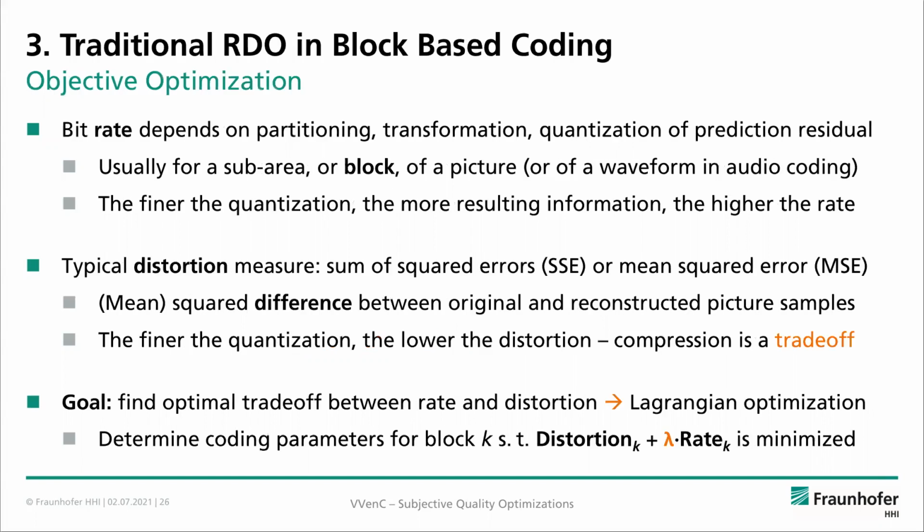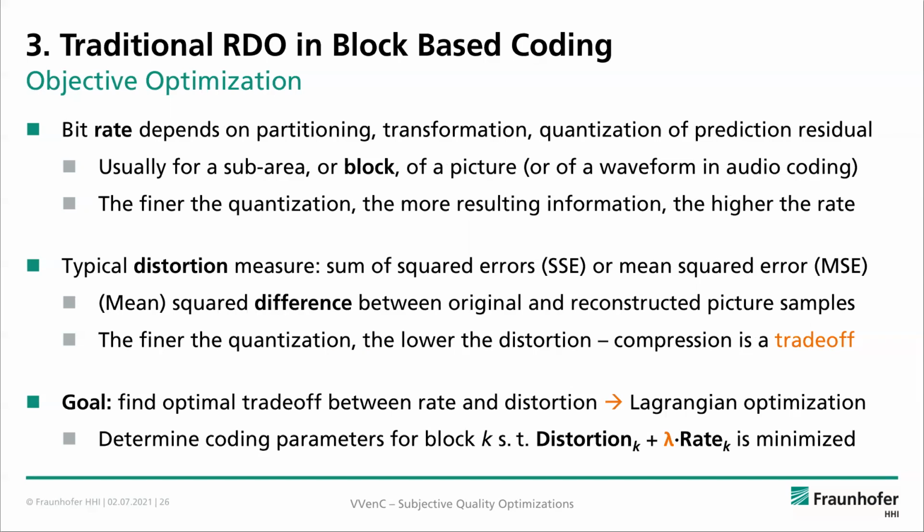Before we get into detail on how this model should look, let's take another look at the traditional rate distortion optimization. So as the name implies, we have two variables, the rate and the distortion. And the rate depends on the partitioning, as we learned earlier, transformation and quantization, especially of the prediction residuals that are transmitted to the decoder.